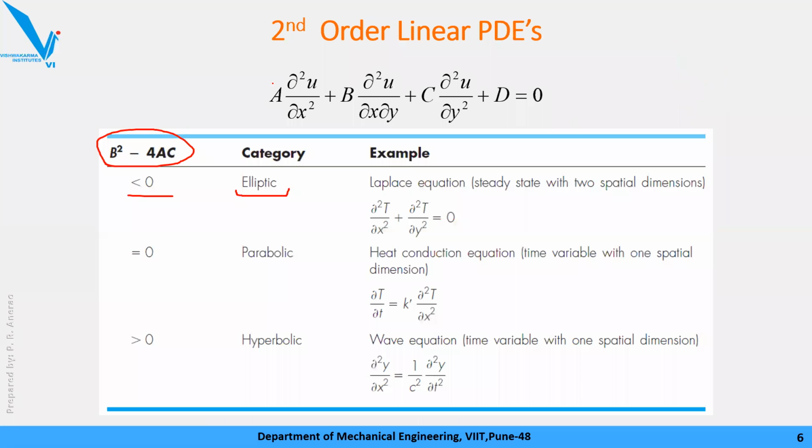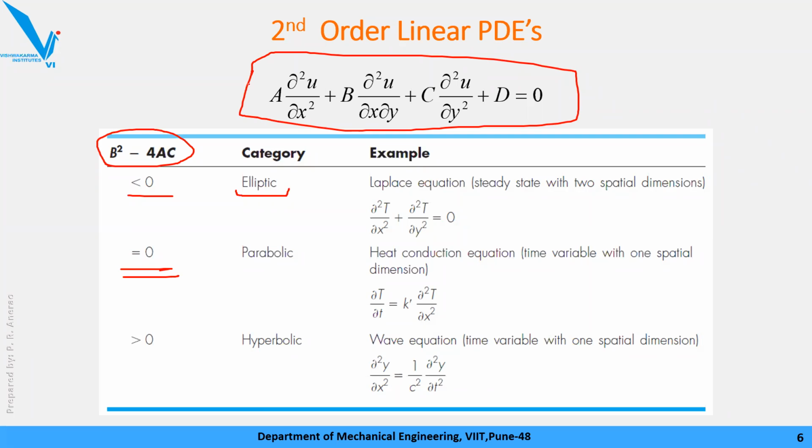If this formulation gives you equal to 0, that is, if you calculated b square minus 4ac for this equation and you obtain a value equal to 0, we will treat that equation as a parabolic equation.